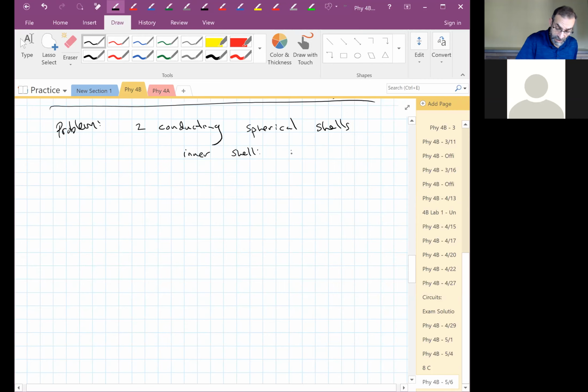The inner shell has a radius R1 and a charge Q1.